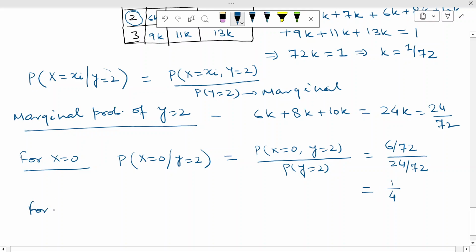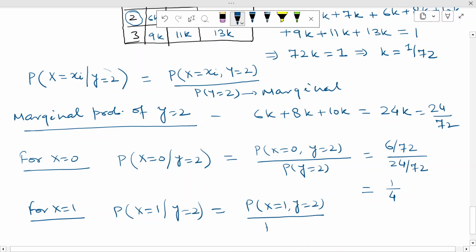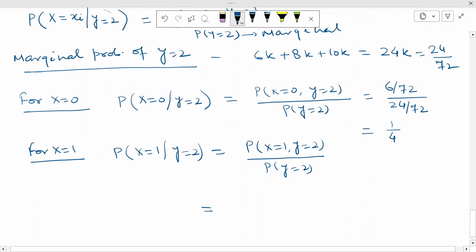Now the next value is x equals 1, and the conditional probability for x equals 1 given y equals 2 is the probability of x equals 1, y equals 2, divided by the probability of y equals 2. Here for x equals 1 and y equals 2, the probability is 8k, and we have to divide this by 24k, which is given here.